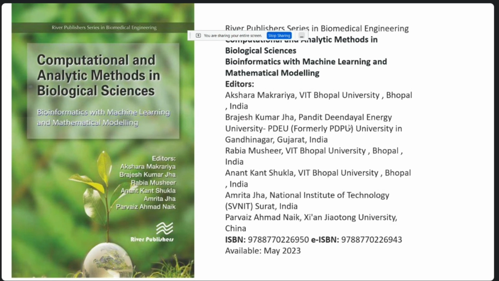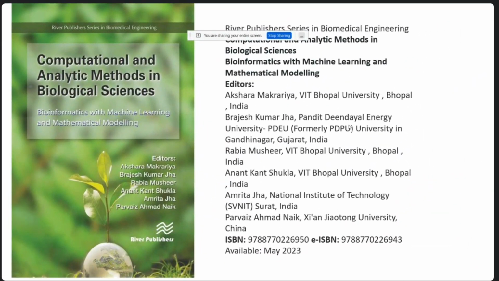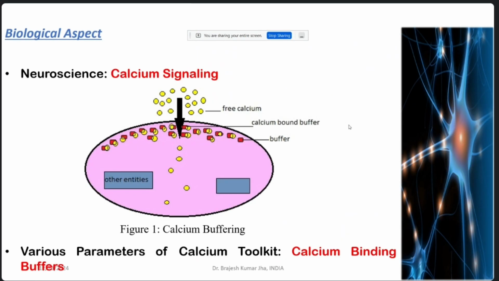We have the process that is the calcium buffering process. As the calcium enters into this cell, a number of proteins are there. Proteins means the chemical substances that react with the free calcium ion and make the calcium bound buffer. This is the first part.